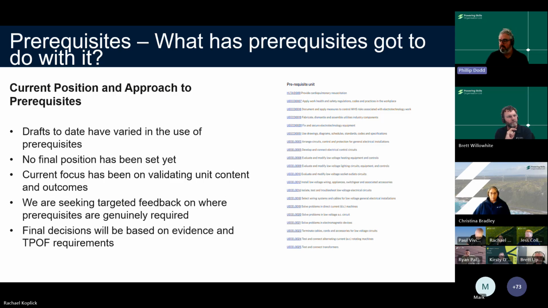Just got a hand up there from Brett. Yeah, just wanted to follow up where they're talking about the VCM. So the VCM is the current vocational currency matrix, and essentially we use that statement in the capstone where it shows competency or currency for that unit.